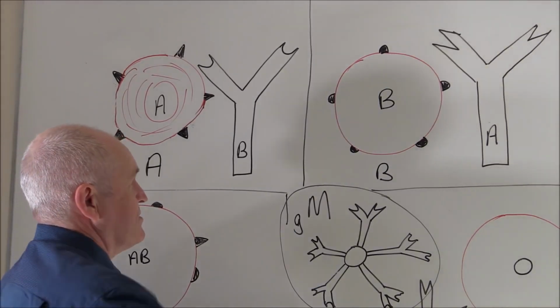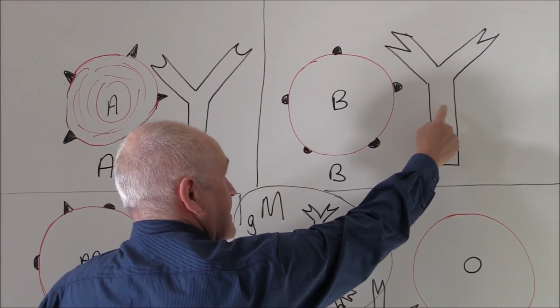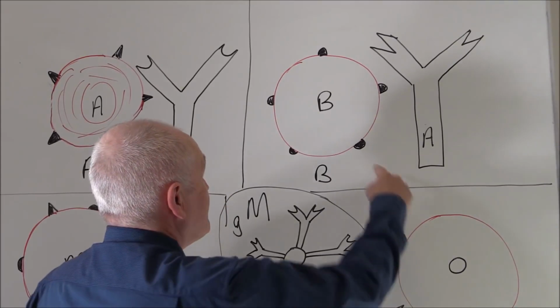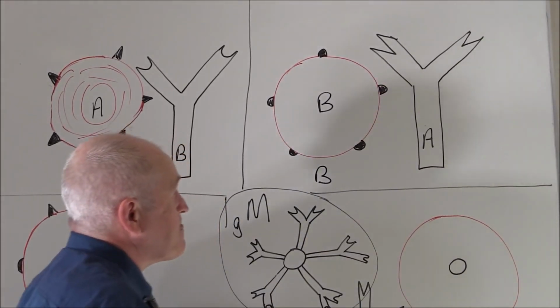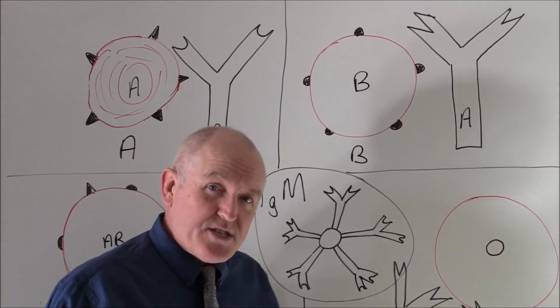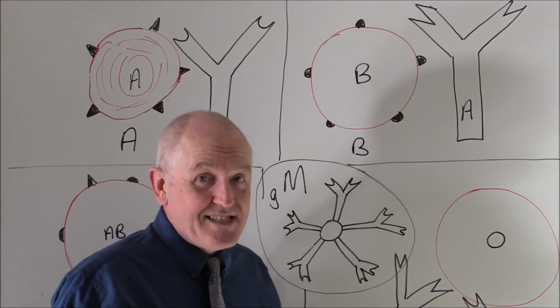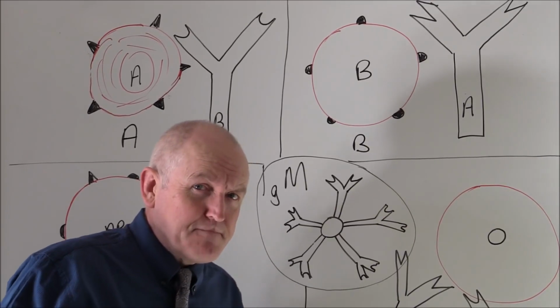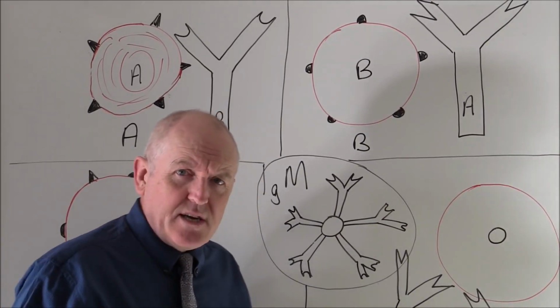And it's the same with blood group B. There's going to be anti-A antibodies because there's no A antigen. So for some reason you develop antibodies to any of the ABO antigens you don't have. And these are naturally occurring.